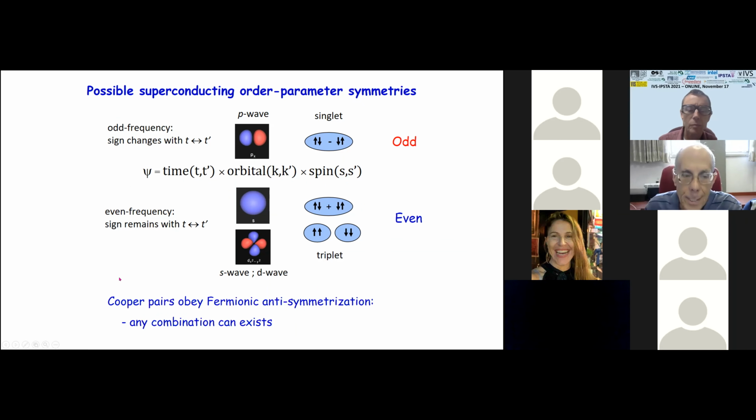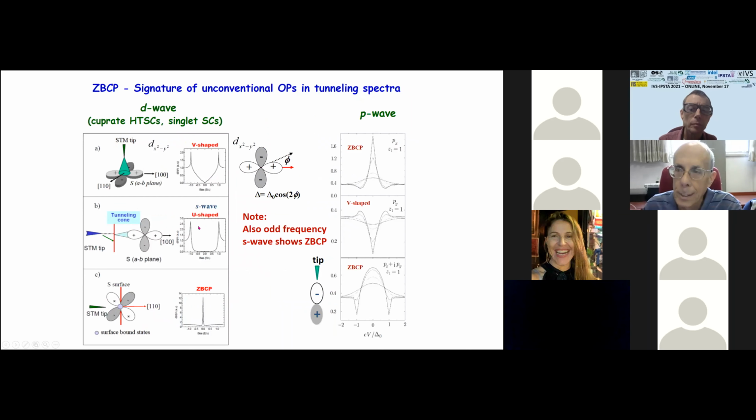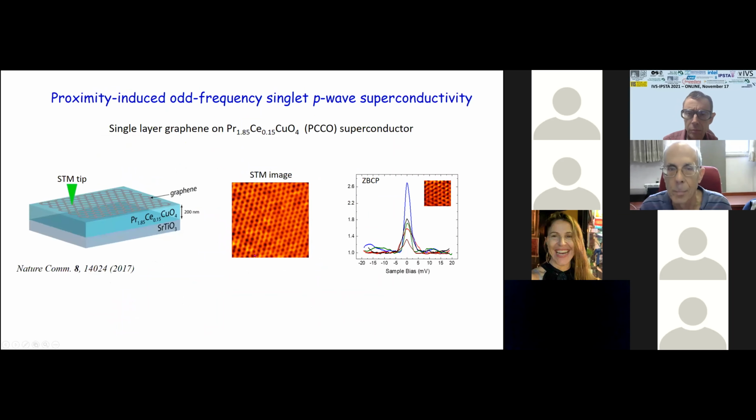In a sense, any combination that obeys fermionic antisymmetrization is legal here. One way to detect the order parameter symmetry is tunneling spectroscopy. Instead of showing these U-shaped gaps, unconventional or sign-changing superconductivity can exhibit a zero bias peak, and also odd frequency s-wave can show a zero bias conductance peak.